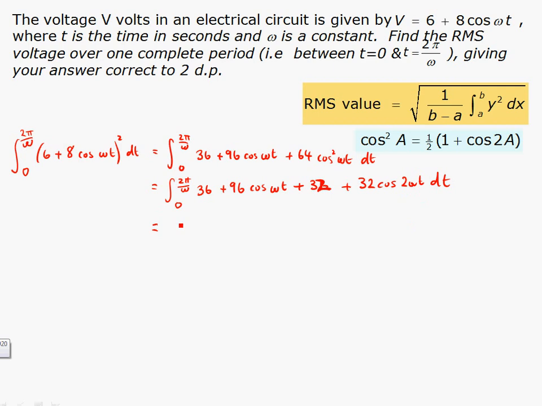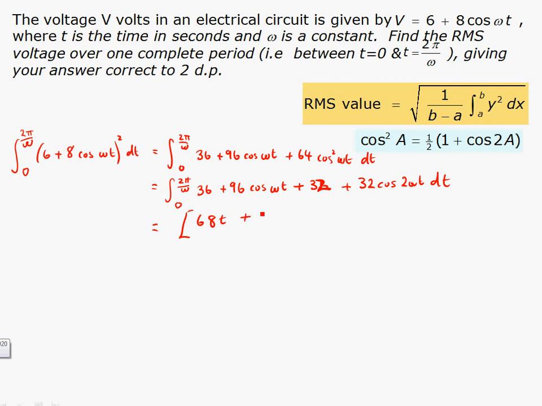So let's do the integration. 36 and 32 gives us 68, that's right. So we'll get, using the correct notation, 68t when we integrate. Cos omega t, cos becomes sine, and because it's cos omega t, we get 1 over omega sine omega t.